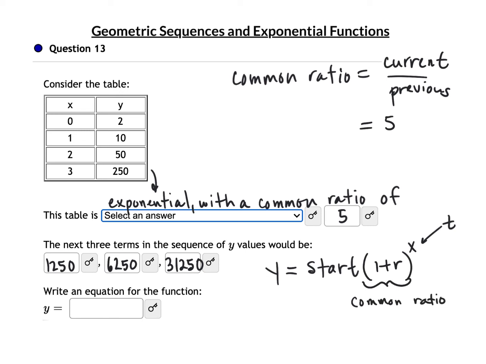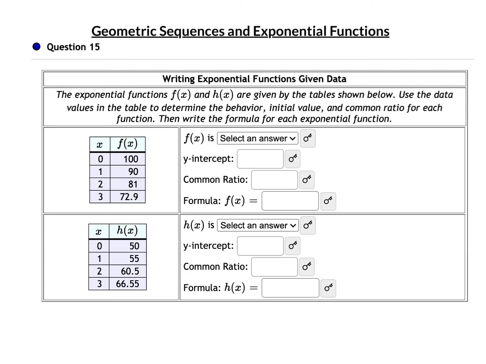Our equation here then is y equal to start, that's the y-intercept, 0, 2, y equal 2 times 1 plus r, that's the common ratio, it's what we multiply by, which is 5. That means the rate, by the way, is 4 or 400%, to the power of x.